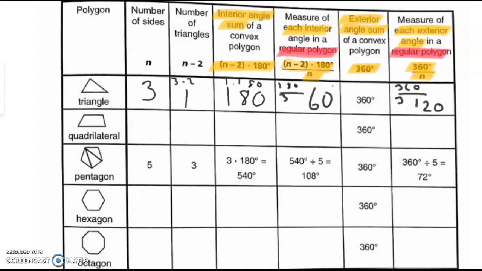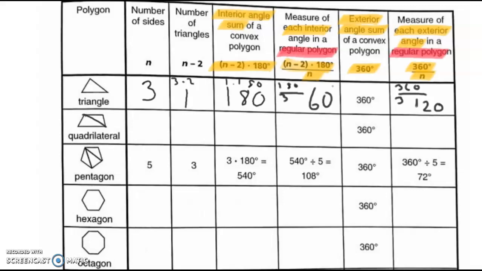Okay, so for the next one, my quadrilateral, because it did say I needed to draw a diagonal. So you can pick any point you want. I'm just going to pick the top right-hand corner for my point. And then I want to draw a diagonal. A diagonal connects two non-adjacent points. That's the key, non-adjacent.